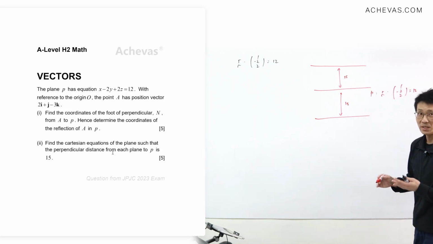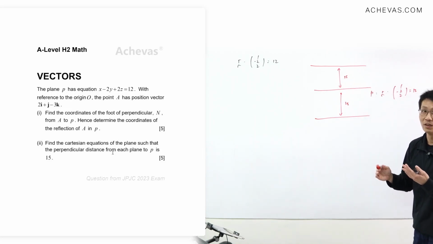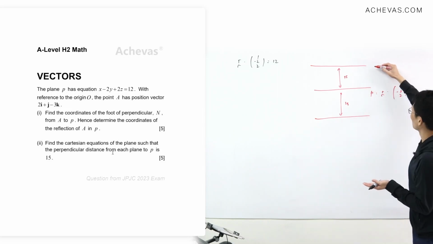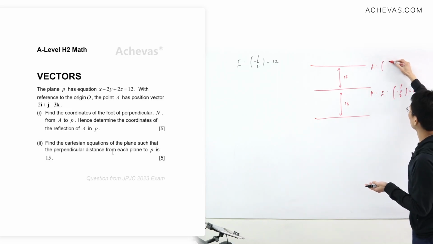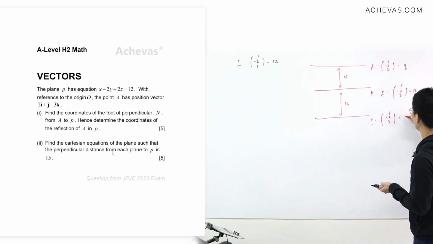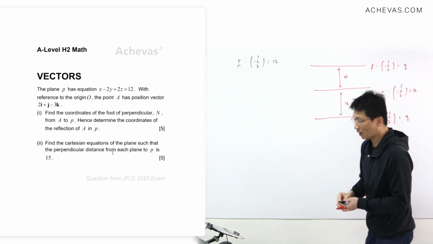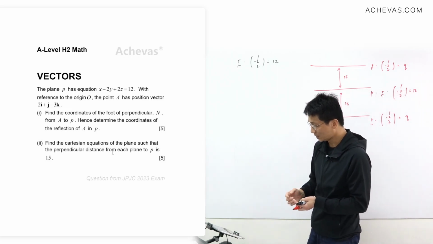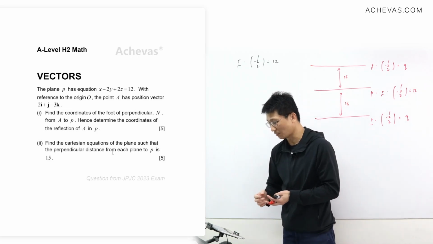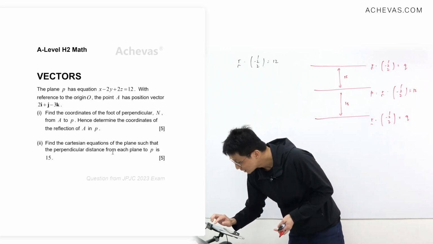We can also see that the equations of the planes I need to find will take on this form, because they all have the same normal. Maybe I can just call it Q, and Q is the value that I need to determine. For finding distances between two planes, I have a particular formula.